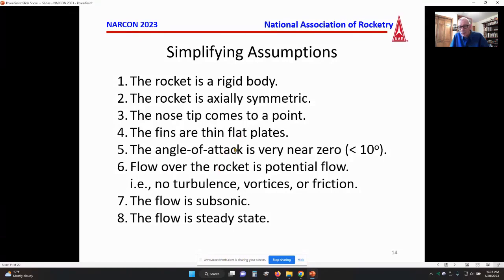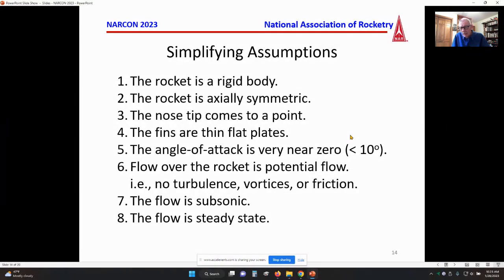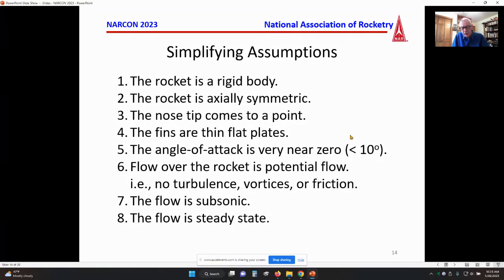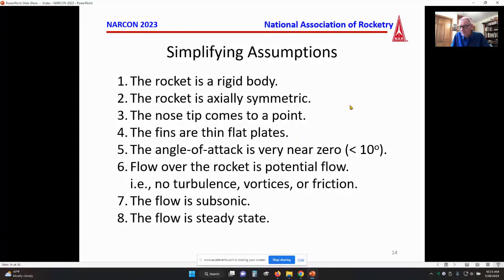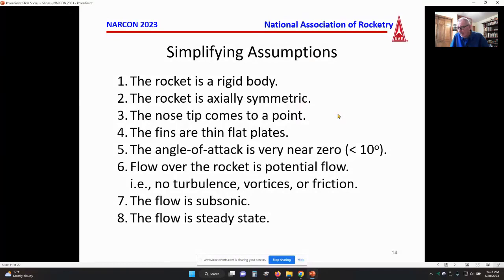One of the things that a lot of people are concerned about is the fact that we stay near 10 degrees, less than 10 degrees, or about 10. That's a rough thing because the normal force does change pretty dramatically as you get out past 10 degrees, and therefore the theoretical assumptions that were used are not really valid at that high an angle of attack.